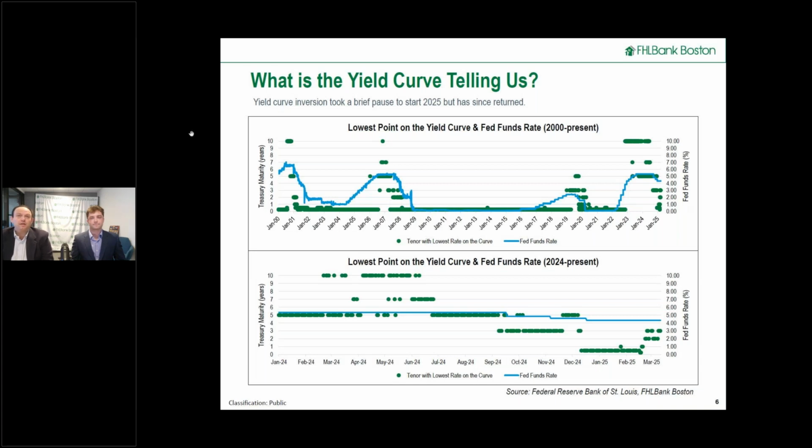And when the lowest point on the curve is inside of 1 year, that's that positively sloped yield curve that we all know and love and want to see from a balance sheet management perspective.